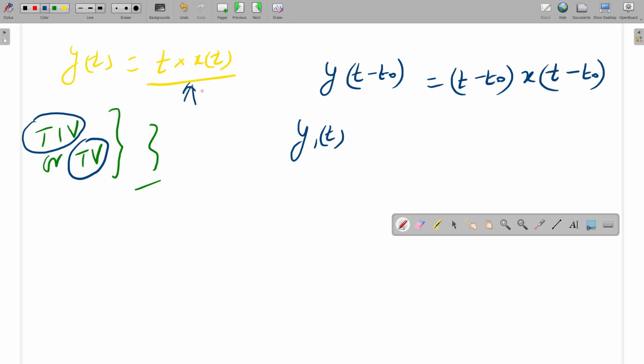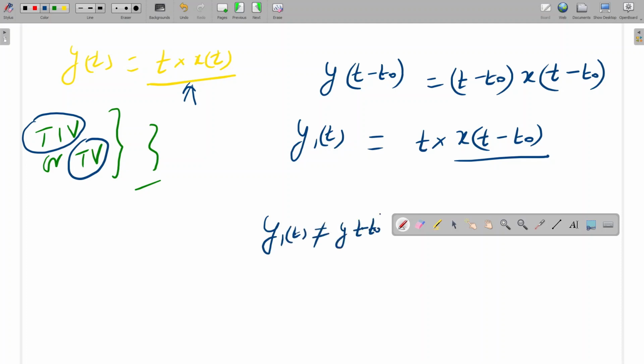What is the transformation here? The transformation is that it is multiplied by t. So y1 of t will be t into x of t minus t naught. This is the shifted value and this transformation I have applied here. So if we see here, y1 of t is not equal to y of t minus t naught. So this will be time variant.